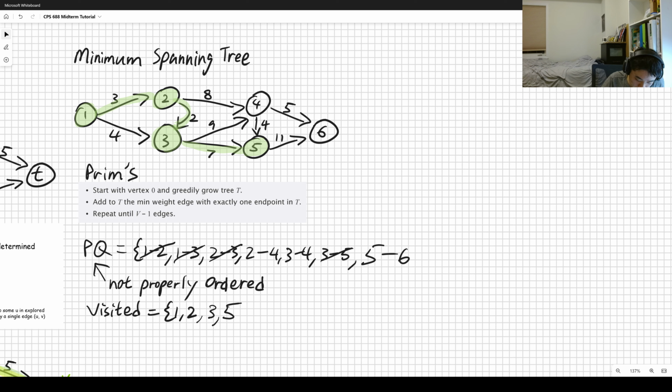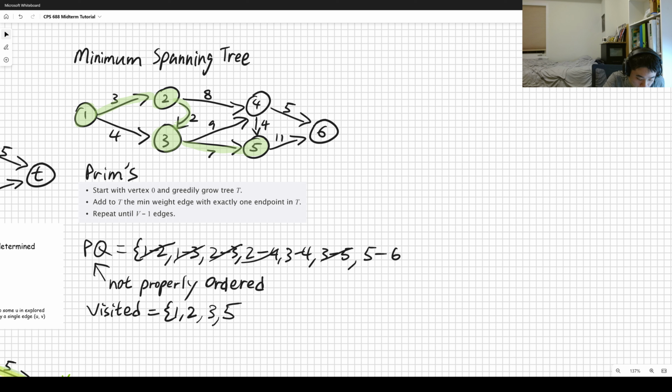Okay. Let me write this a little properly. Okay. What's next? Among the three edges to be visited, we have 2 to 4 to think about as well. So let's pick out 2 to 4.